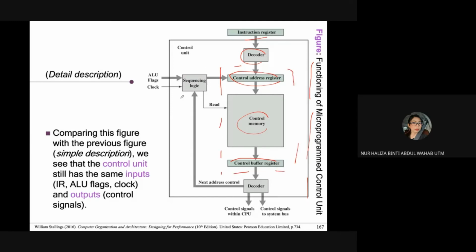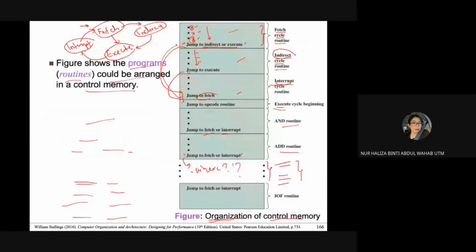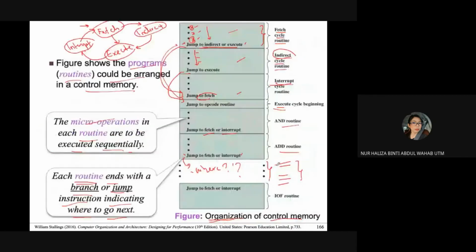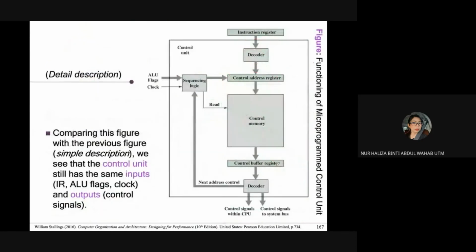And with this, you see this figure. In your microcontrol unit, you can see all of this inside. Now you can see there is a lot more in your control unit. Last time you just saw a single control unit, you didn't know what was inside.